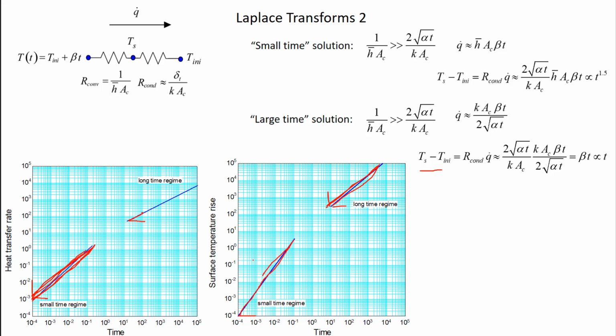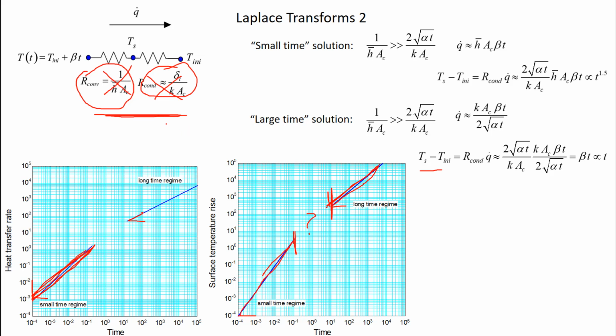Right? The other question you might ask is, you know, what is this characteristic time? When do I stop going from a short time regime and start going to a long time regime? And of course the answer is it's not a sudden transition, right? You're going to go from a period of time where this is important and this is completely unimportant to one where both are kind of important to one where eventually this one's important and this one's unimportant.